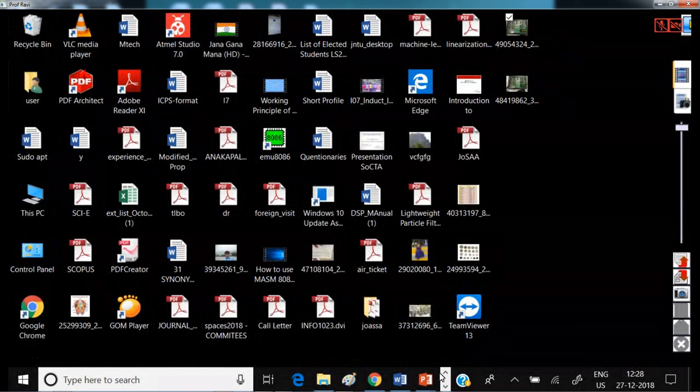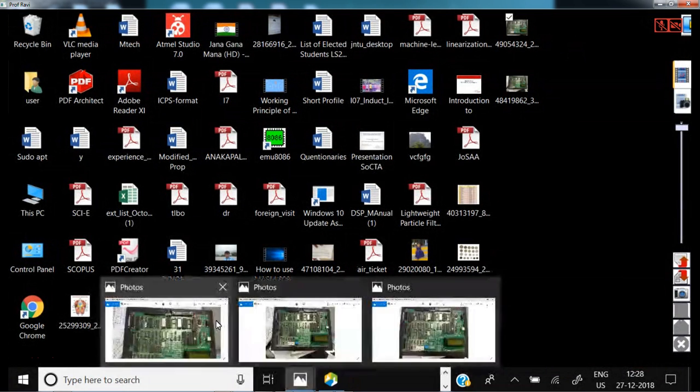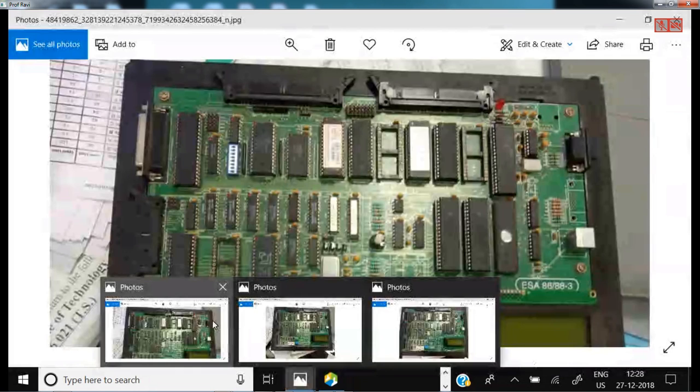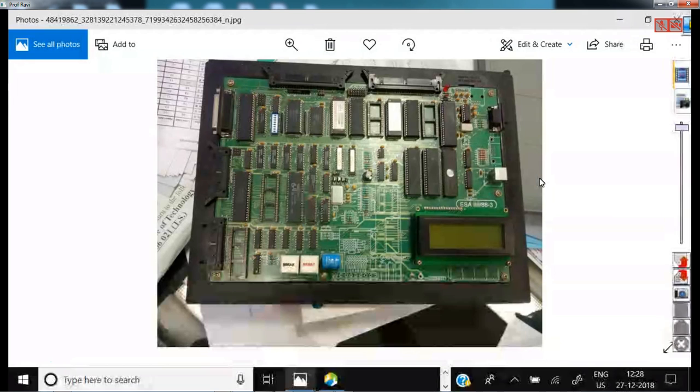Now today, go to the lab and try to see whether the things we discussed here are available or not. You should be very particular to identify the microprocessor, the memory ICs, the RAM and ROM ICs, the 74LS373 ICs, and the 245 buffer and how they are connected.